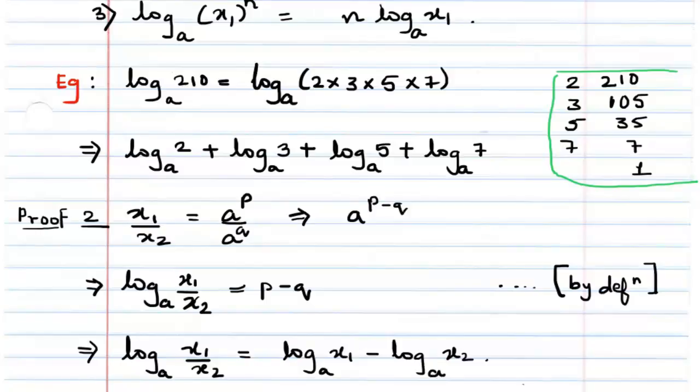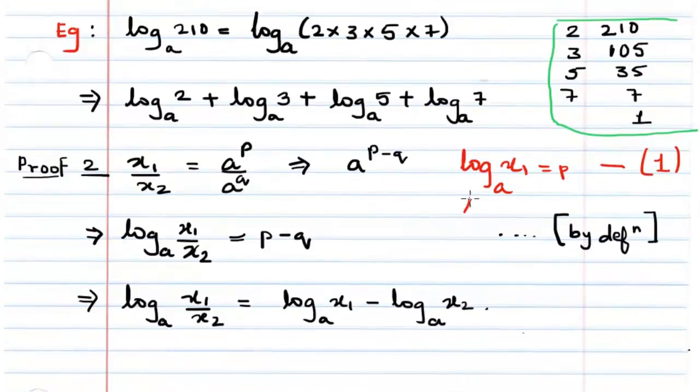I'll write the note here. Log of x1 to the base a is equal to p. This is the first equation, right? We have used this in the earlier law also, law 1, and log of x2 to the base a is equal to q. This is the second equation, and that's why we got this a to the power p upon a to the power q.